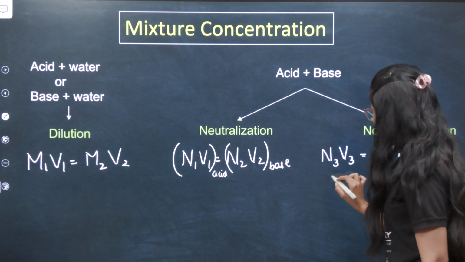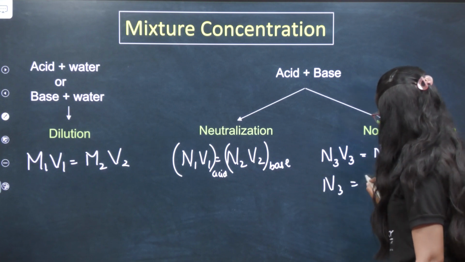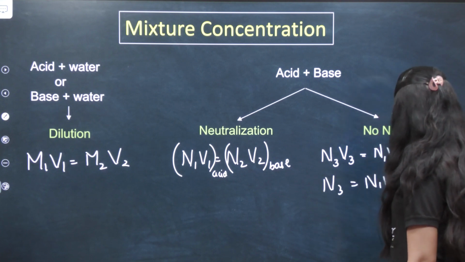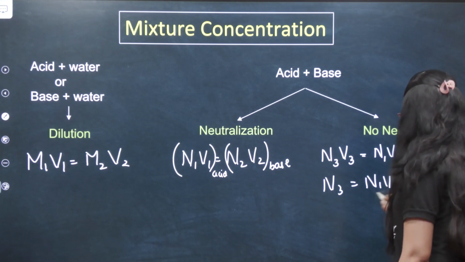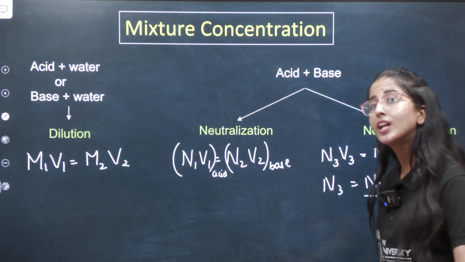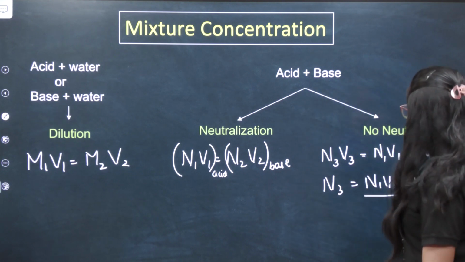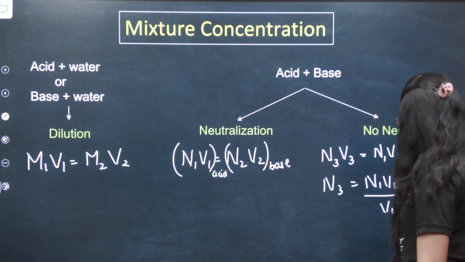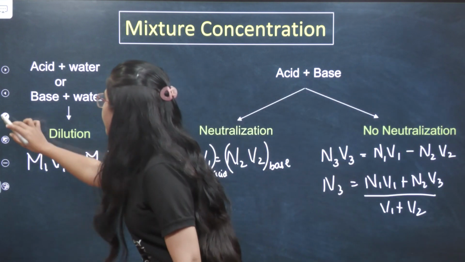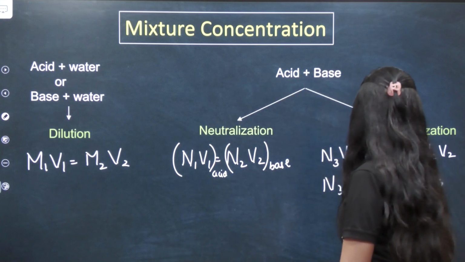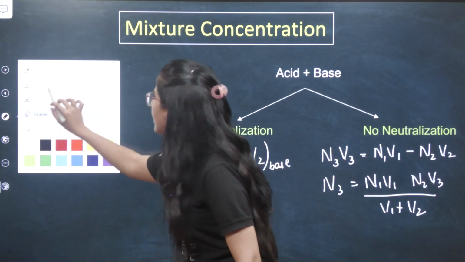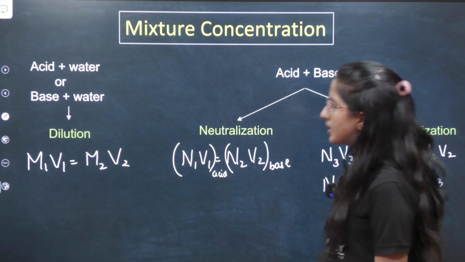Understood? Or it can be written as N1V1 minus N2V2, and V3, how can you write it? Total volume. It will be V1 plus V2. Understood everyone? So that's how you will calculate final concentration.